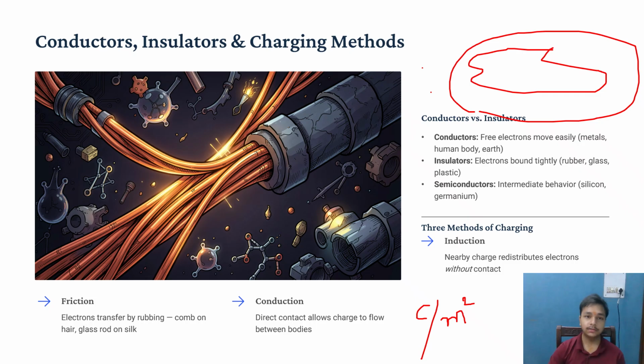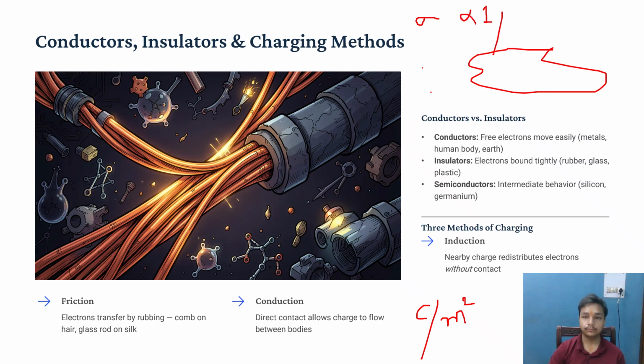When charge is supplied on it, let me show that. The surface charge density is inversely proportional to the radius.